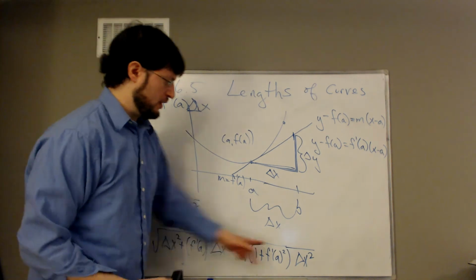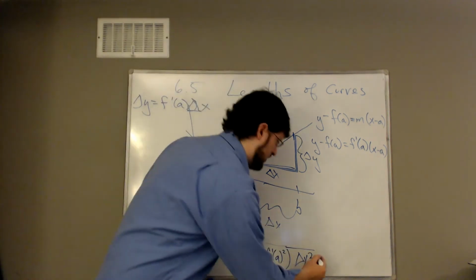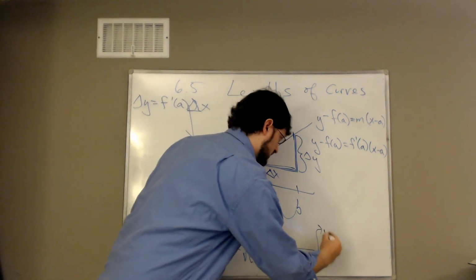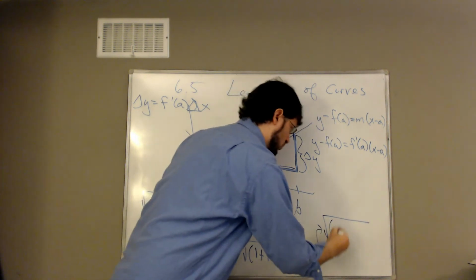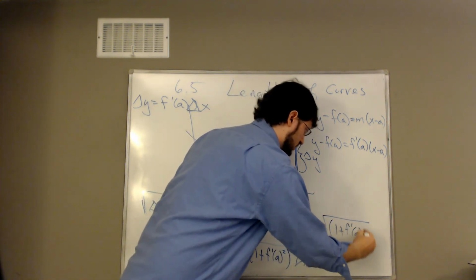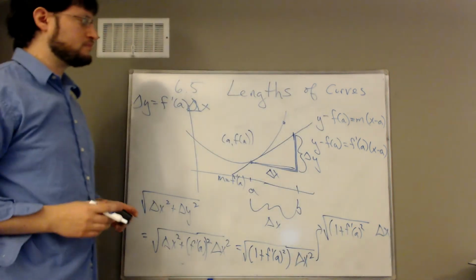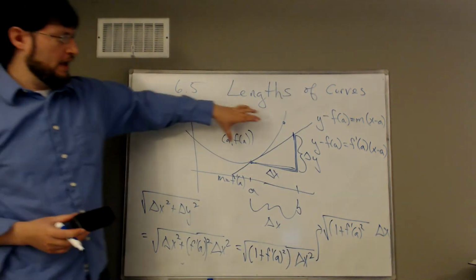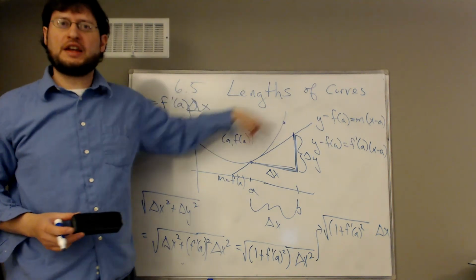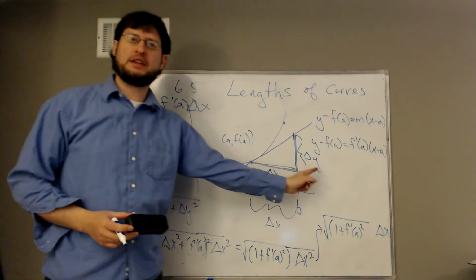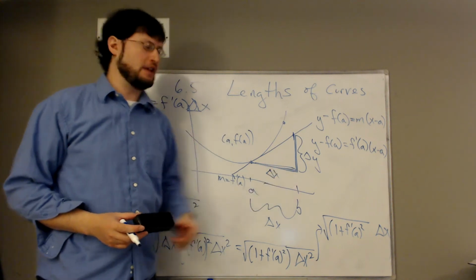But if I square root a square, I get back to where we started, so this becomes the square root of 1 plus f prime at A squared times delta x. And that's the length along the tangent line if we move from A to B and the distance is delta x.